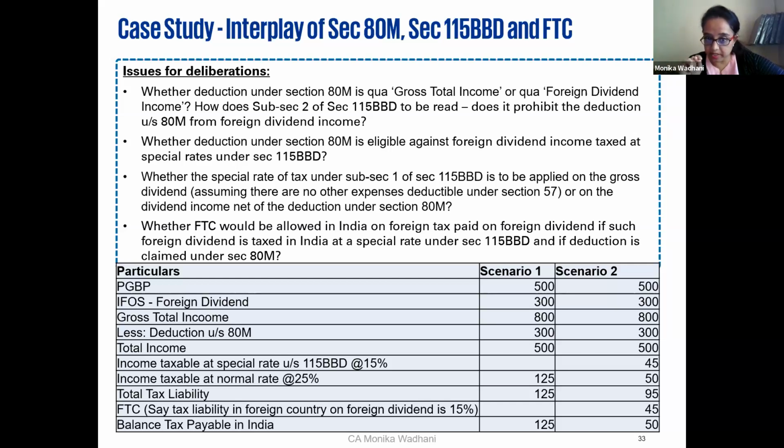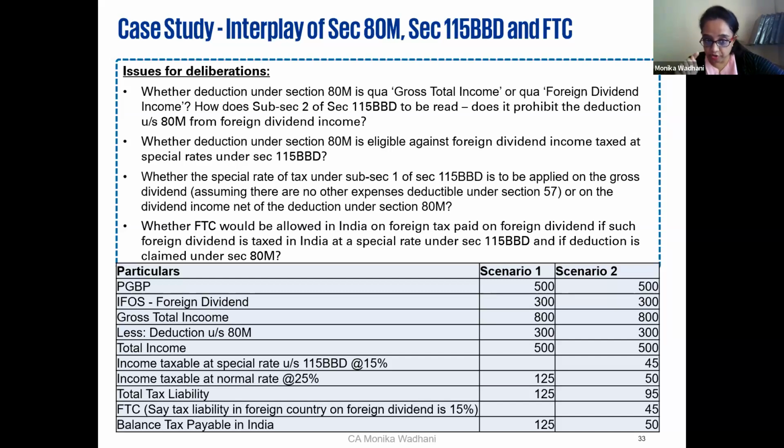Instead, 80M is qua gross total income, and therefore even though you have claimed 80M, for the balance income, which is a total income of 500, first you have to see that out of 500, I had a special income of 300, and therefore towards that special income of 300, I will still apply the 15% rate, which is 45, and on the balance income of 200, I will apply the normal rate which is 25%, which comes to 50 rupees. Therefore the sum total of taxation in this case comes to only 95 as against 125 in scenario 1.